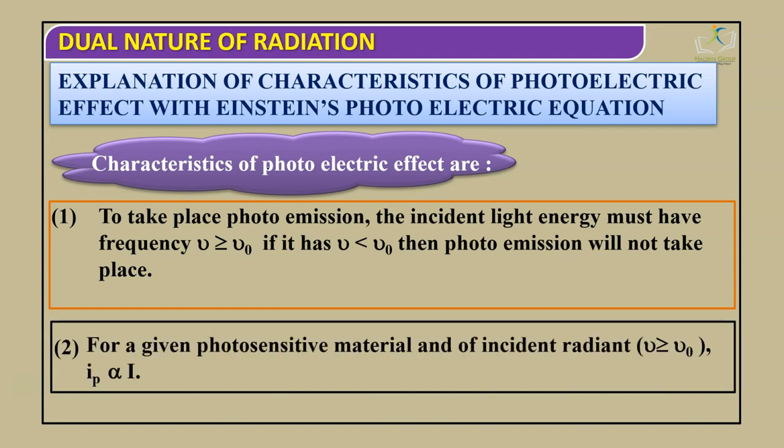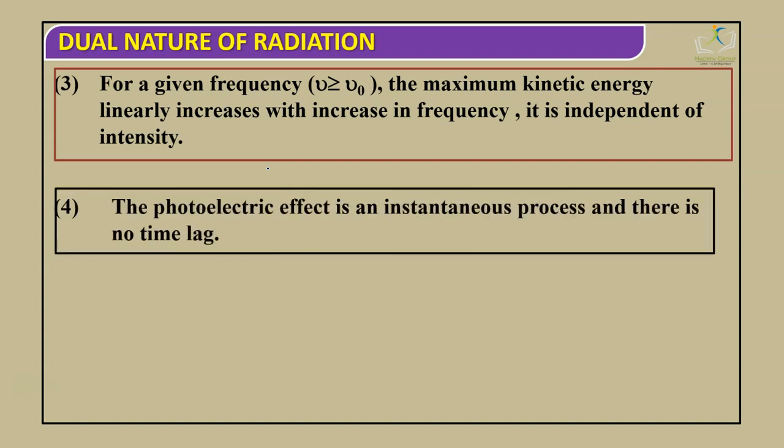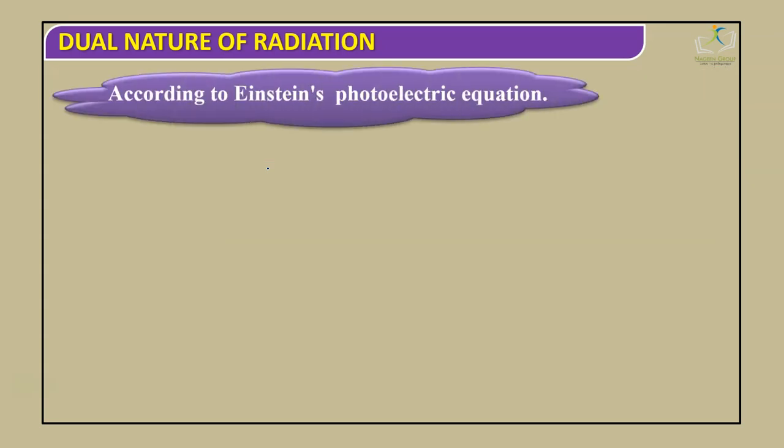Second, for a given photosensitive metal and incident radiation with ν greater than ν0, the photoelectric current Ip is proportional to the intensity I. Third, for a given frequency ν greater than ν0, the maximum kinetic energy linearly increases with increase in frequency. It is independent of the intensity. The photoelectric effect is an instantaneous process. There is no time lag.